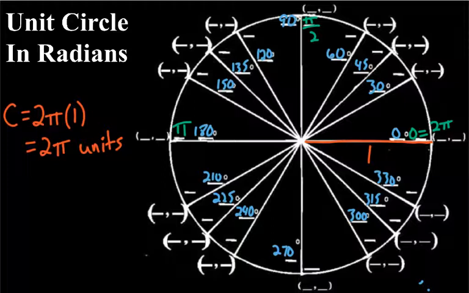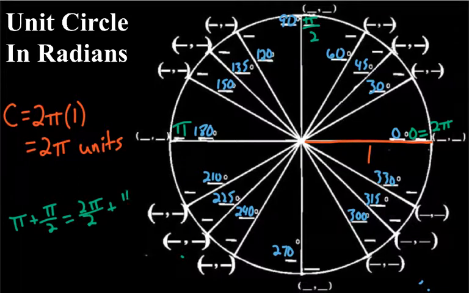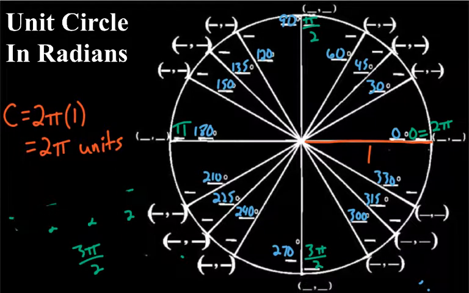Since half of the circle is pi and a quarter of the circle is pi over 2, then 3/4 of the circle, or 270 degrees, would be pi plus pi over 2, which is the same as 2 pi over 2 plus pi over 2, which is 3 pi over 2. So down here at 270 degrees, that's going to be 3 pi over 2 radians.